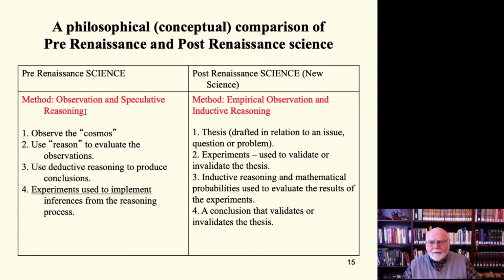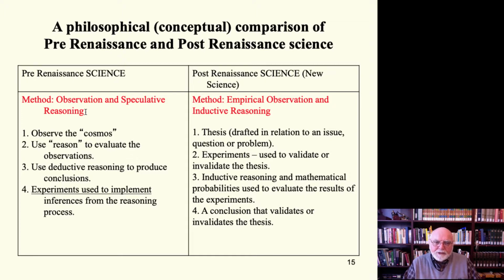In other words, the final proof point for post-Renaissance science is probably statistics, whereas the final proof for pre-Renaissance science was speculative reasoning. Did it meet the standards of reasoning? Just look at the details. You can see them here. I've given them to you.